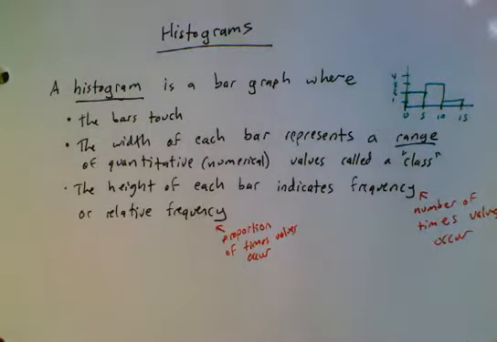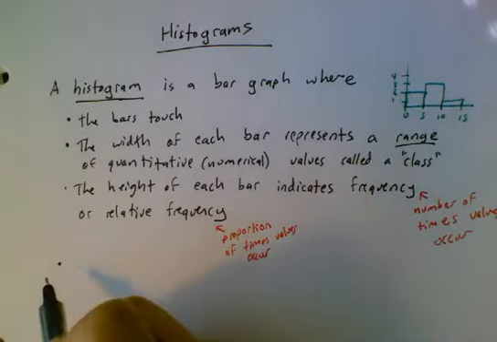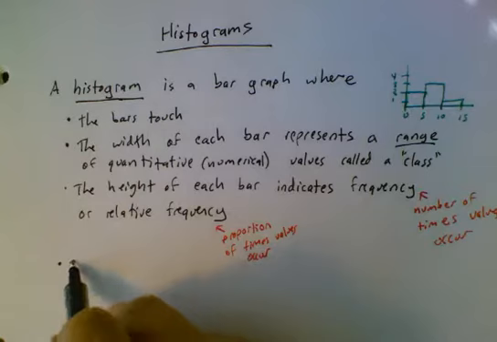So again, frequency is the number of times particular values occur, and relative frequency is the proportion of times. Typically, the number of classes, or the number of bars, is going to be between 5 and 15.